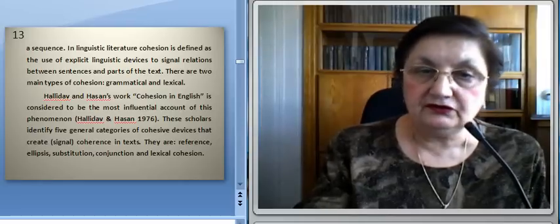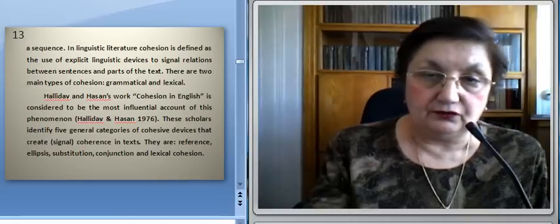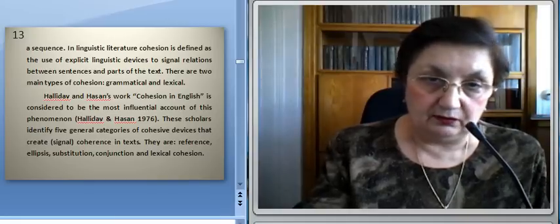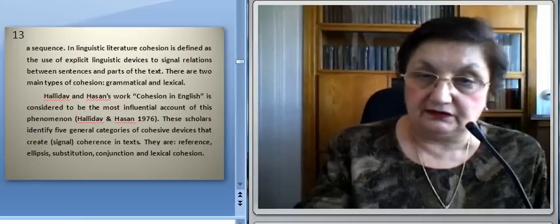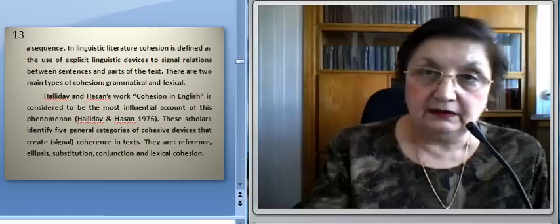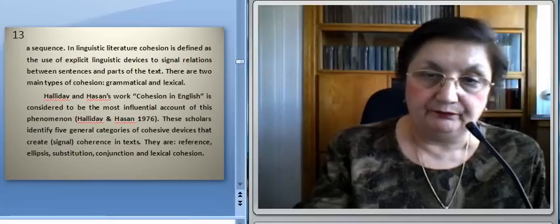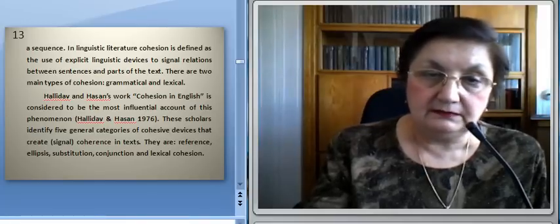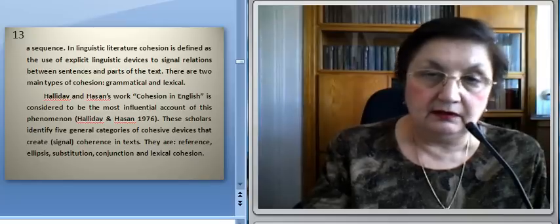These scholars identify 5 general categories of cohesive devices that create or signal coherence in text. They are reference, ellipsis, substitution, conjunction, and lexical cohesion. For instance, "Wash and core 6 apples. Put them into a fireproof dish."